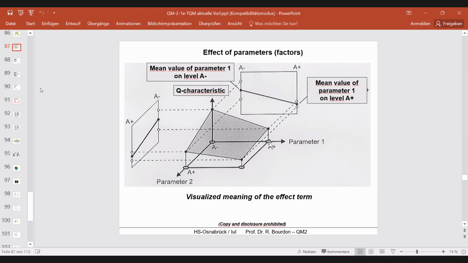So you have 10 measurements, and then you get a mean value. This is the mean of this experimental run. This point here is the mean of that experimental run. Here you have the mean of that experimental run, and here the 4th mean. So you have 4 means for the 4 experimental runs.